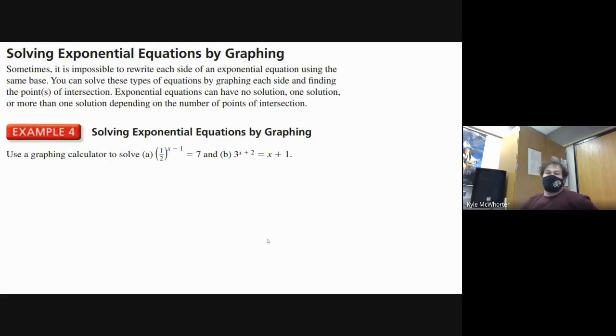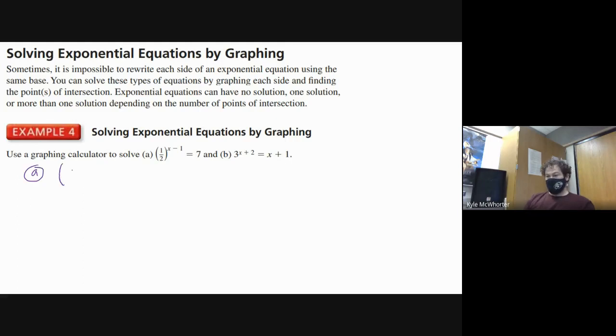And then the last thing that we're going to do is I'm going to show you how to use a graphing calculator. We're going to use Desmos to solve equations that we can't do any other way with algebra 1. Like if we cannot write them as powers of the same base, then we have to use a graphing calculator to solve these.